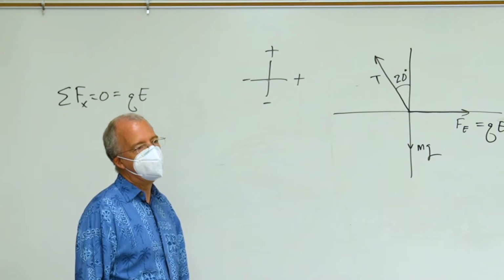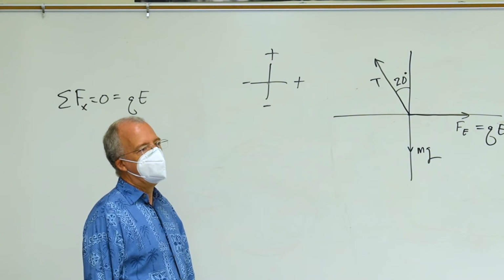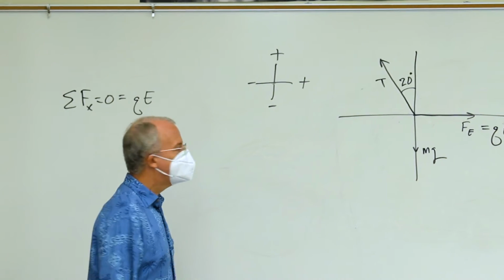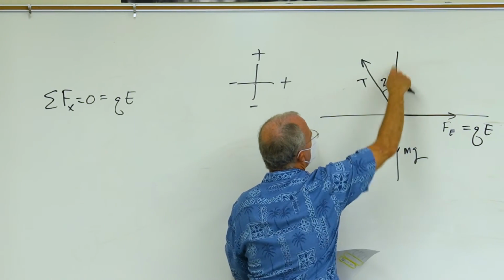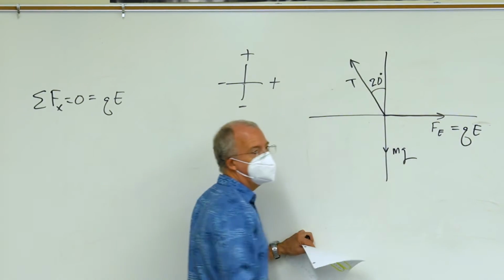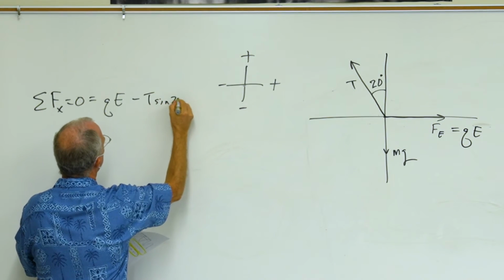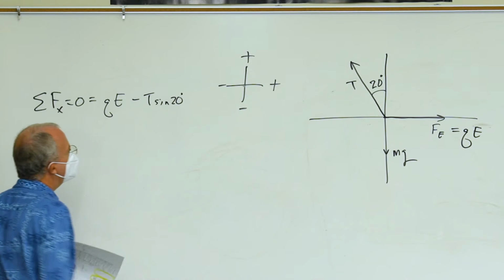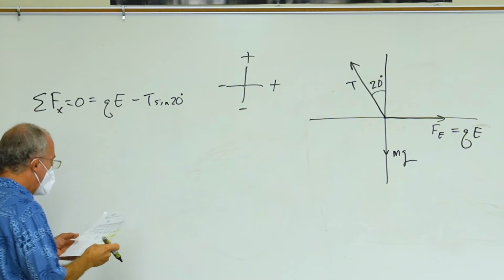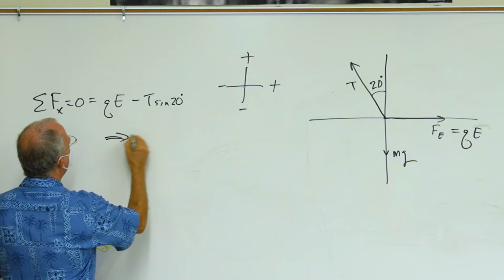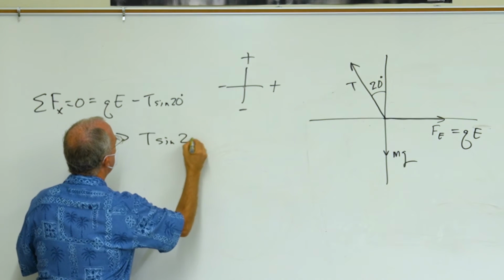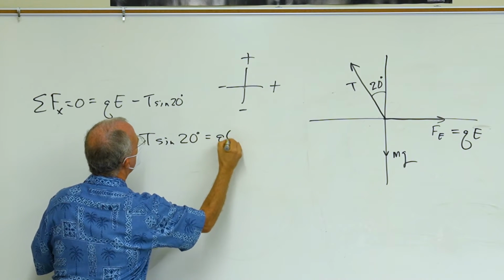Sine, right? Because this is T cosine, this is T sine. Okay, so we have minus T sine 20. So therefore, we know that T sine 20 equals QE.